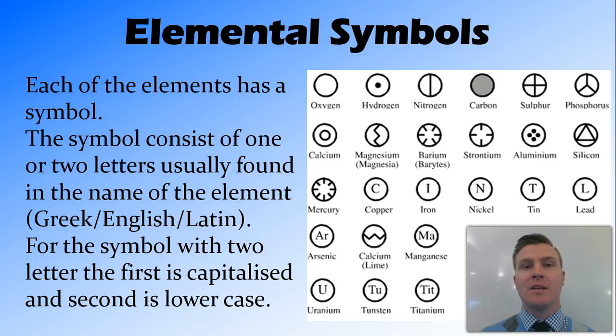So a symbol consists of either 1 or 2 letters for each element, and in the case of 2 letters, the first letter is always a capital and the second is lowercase, and for the single letters, they are all capitals. Now the letters usually come from the name of the element. For example, nitrogen is N. However, some of the letters come from names of the element in another language. So for example, sodium, Na, comes from Latin.